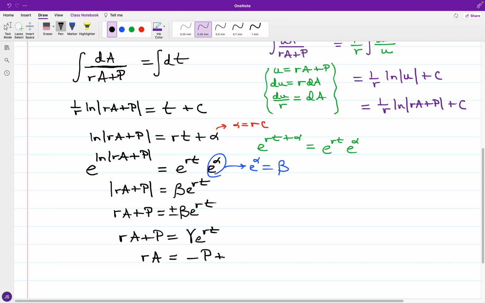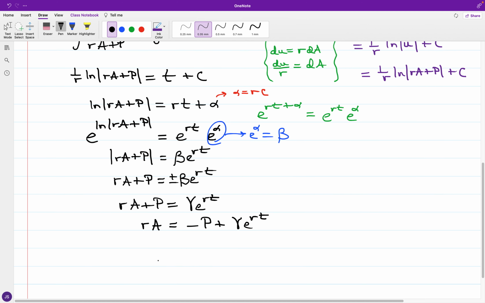So we'll say negative p plus gamma times e to the rt, and upon dividing both sides by r, A is equal to negative p over r plus gamma over r times e to the rt.